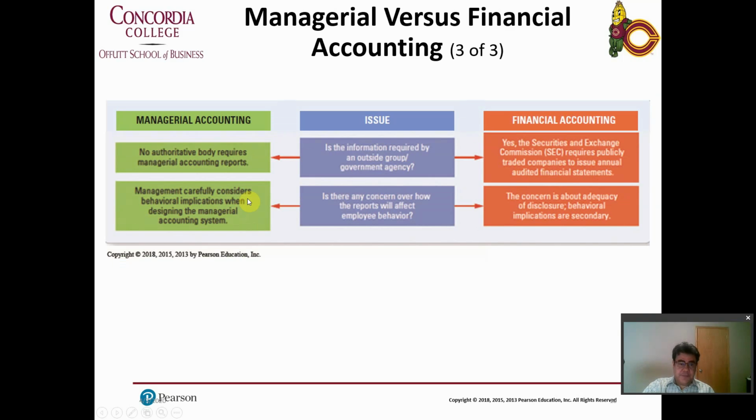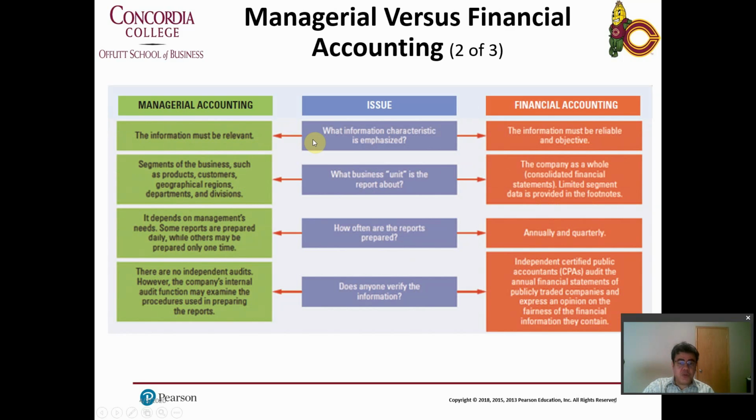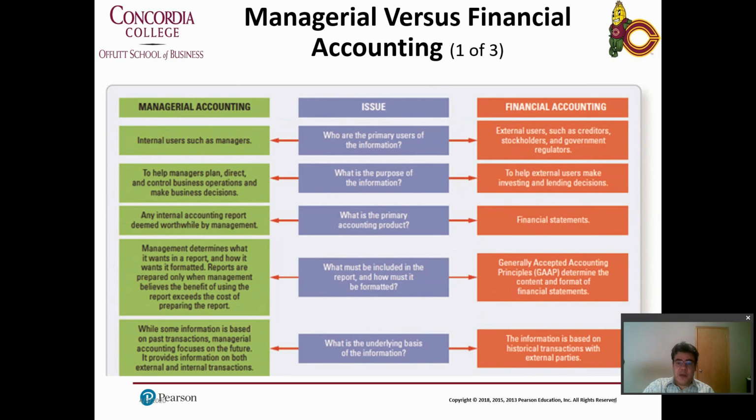And then here, if it is required or not: financial accounting, yes, for some companies, and managerial accounting, no. Okay, so these are the most important differences between financial and managerial accounting. And also, here, the accounting product.